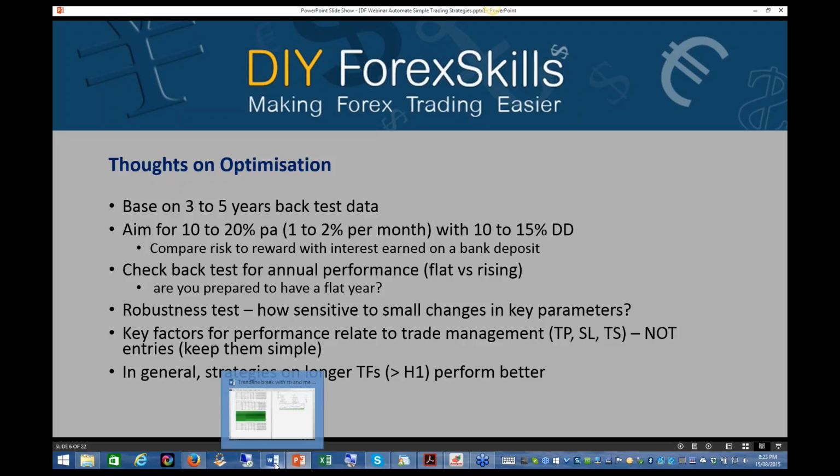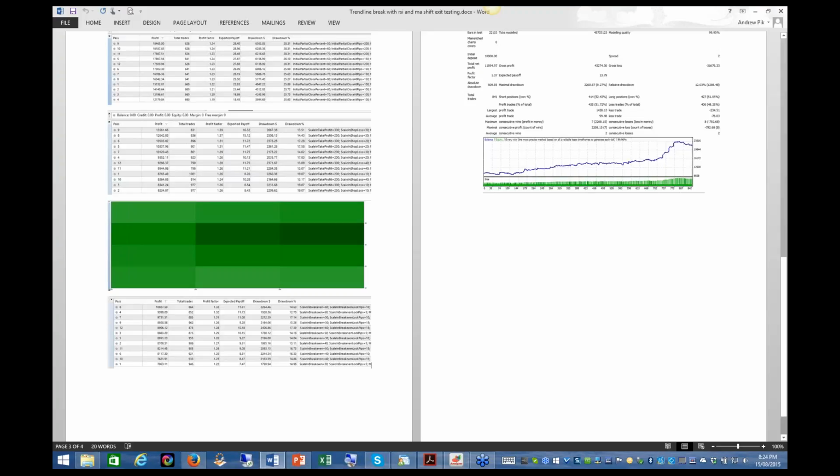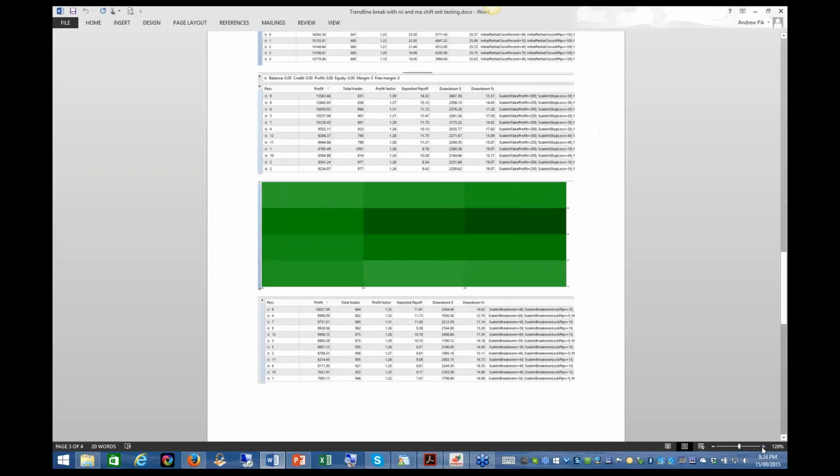That's probably easiest shown on this slide. I shall make it a bit larger.